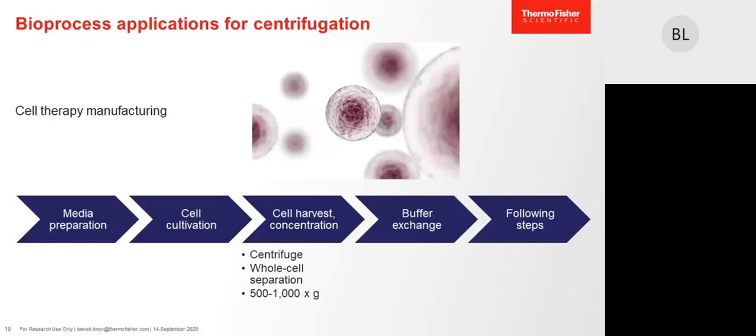The size of the whole cell is quite big compared to the contaminants and the media, so the separation is quite easy, and there should be no shear effect, only gentle force to be delicate with the cells. At the end of the centrifugation, the whole cells are harvested, and the supernatant media is discarded. Then the cells are resuspended with buffer, some buffer exchange, and then some following steps, usually not requiring centrifuges.